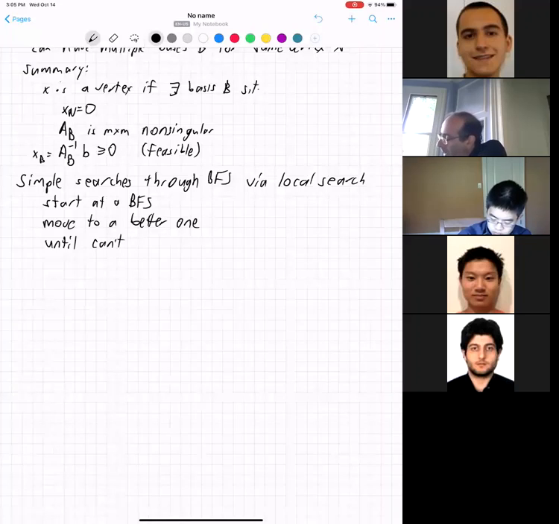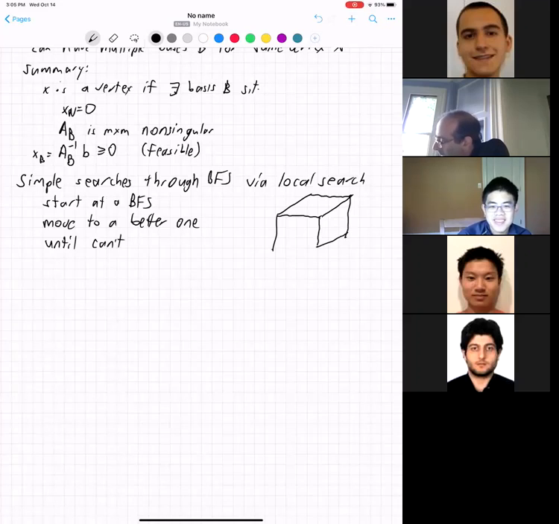Okay. So, at the risk of dismaying all of you with my disastrous drawing skills, here is a polytope. And perhaps we start over here and are trying to optimize in a direction like this one.